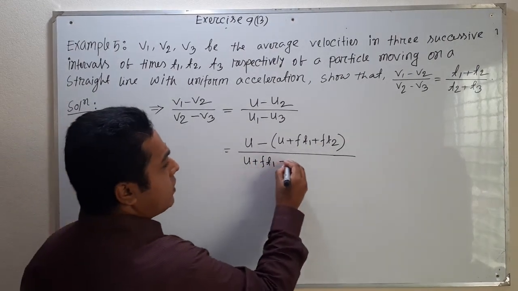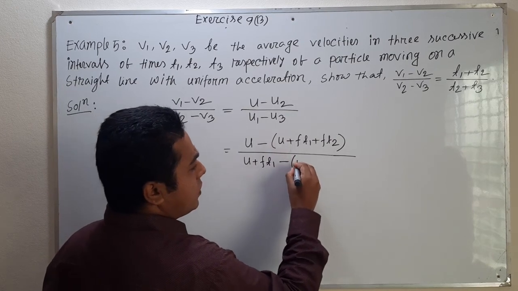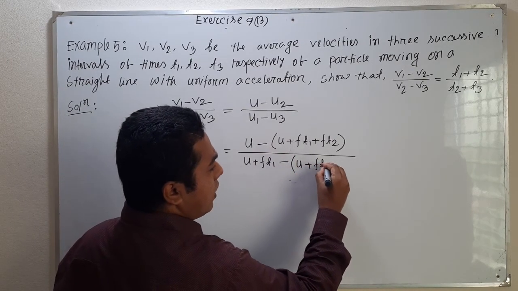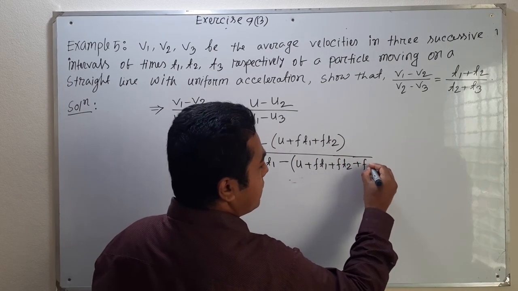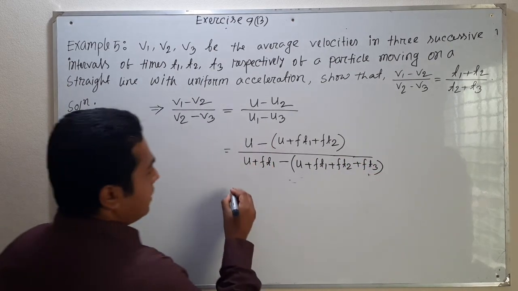And u3 is equal to u plus ft1 plus ft2 plus ft3 from equation 3.